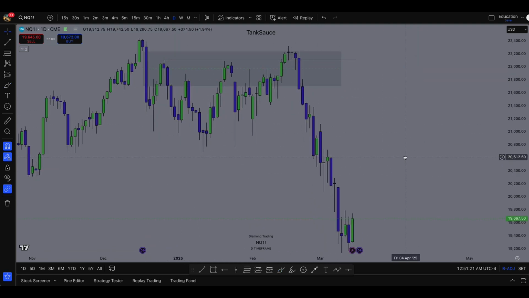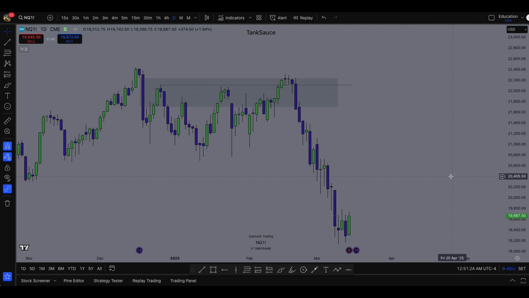Here, let me get a little better view. You can see price makes an imbalance. Price comes back up here to rebalance this imbalance before it continues down. We came down, and you can see price right here came down to rebalance this imbalance, right? This little fair value gap, this inefficiency.